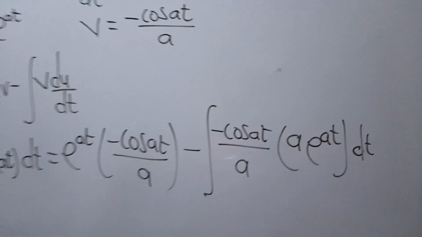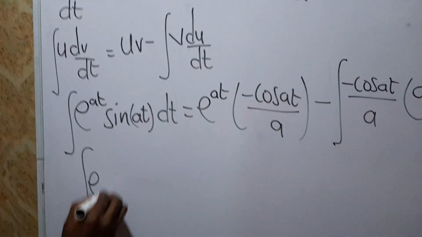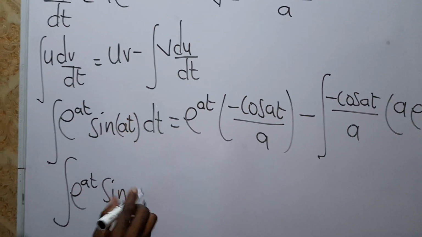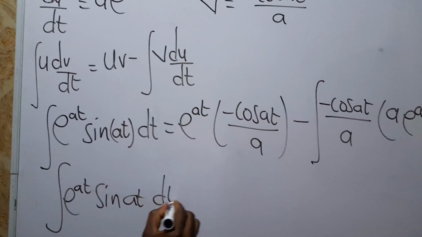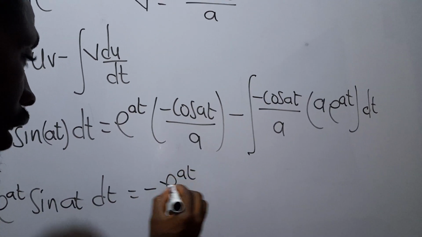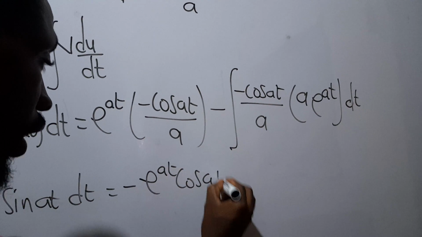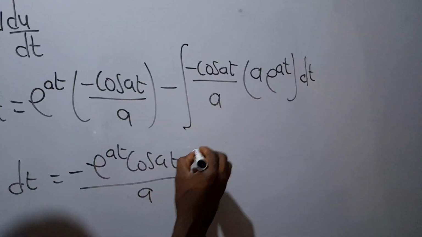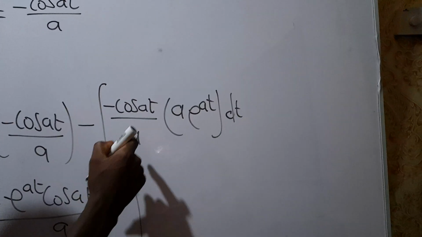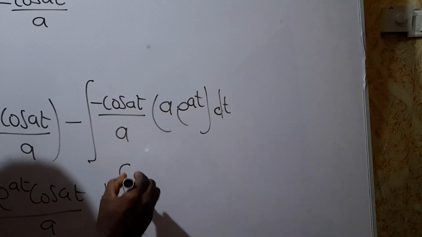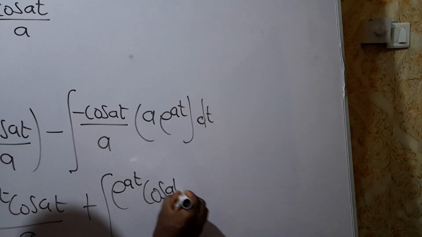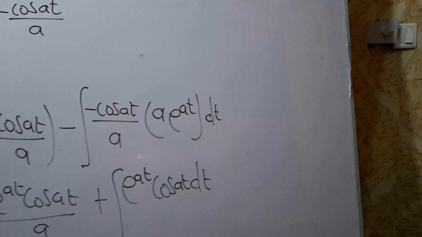We can polish this further. The integral of e^(at) sin(at) dt will be equal to negative e^(at) cos(at) over a plus the integral of, see, this a can divide that a, so we'll be left with e^(at) cos(at) dt.